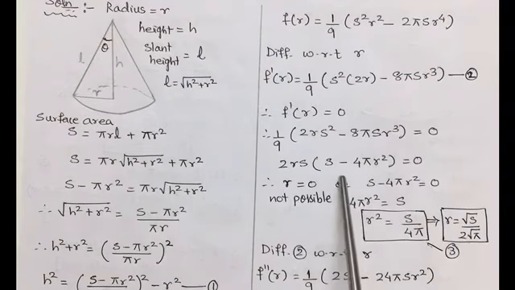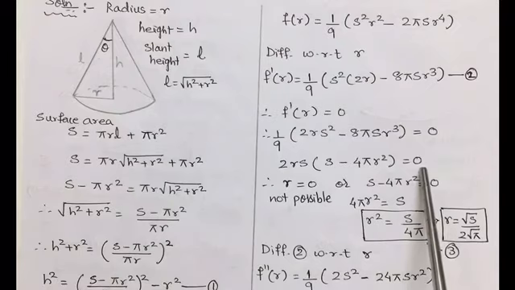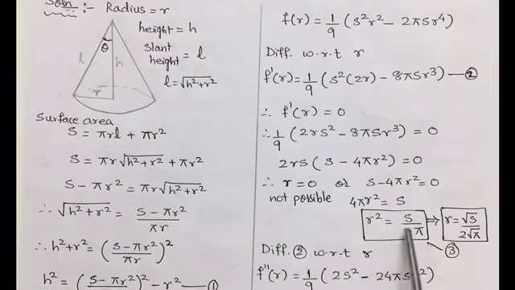Inside the bracket remains S minus 4 pi R square and that is equated to 0. R equal to 0 is not possible. So 4 pi R square is equal to S. R square will become S upon 4 pi. This implies the value of R, taking the root, gives root S upon 2 root pi. This statement is marked as 3.